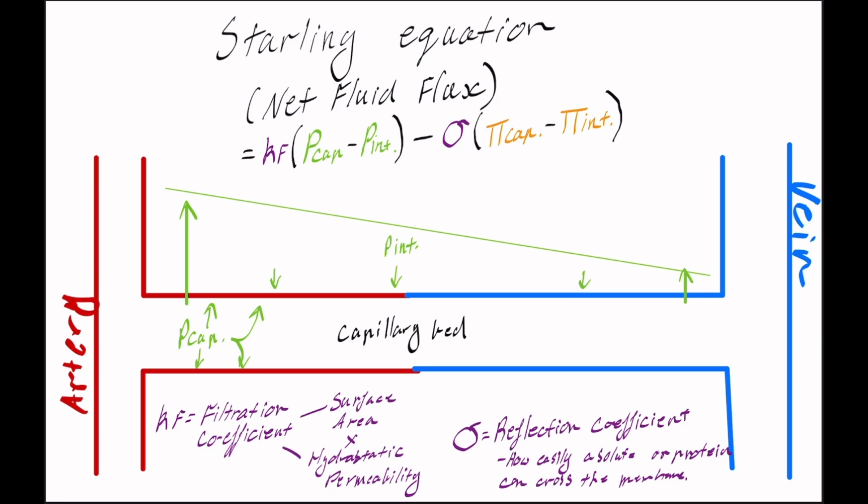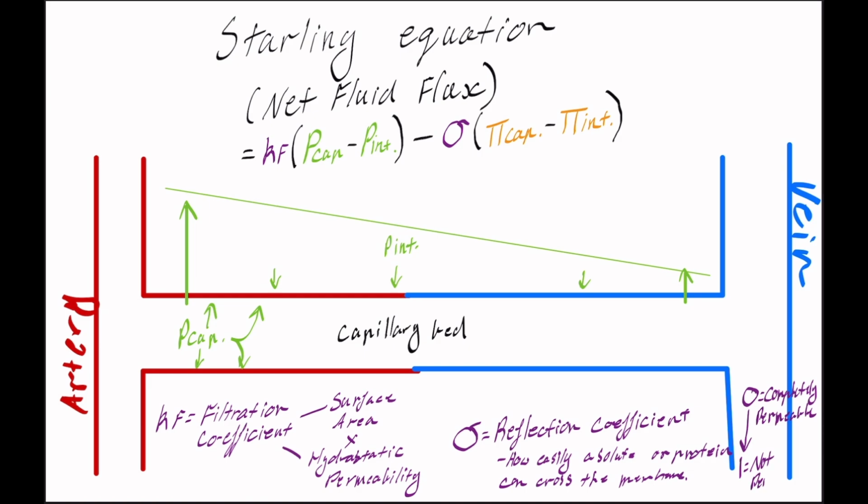Now, the reflection coefficient essentially adjusts the oncotic pressure term, which comes next, for the capillary beds. For example, if you times that oncotic pressure by 0, essentially it's saying that the oncotic pressures have no significance in this equation, meaning that the capillary bed is so leaky that proteins are just going in and out of the capillaries that oncotic pressure doesn't really matter. An example of this would be the liver sinusoids.